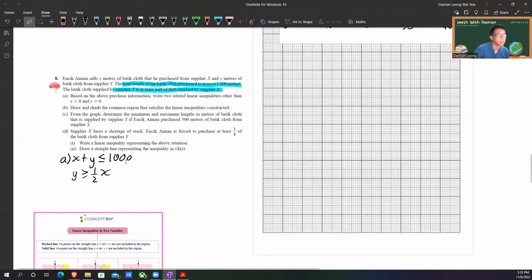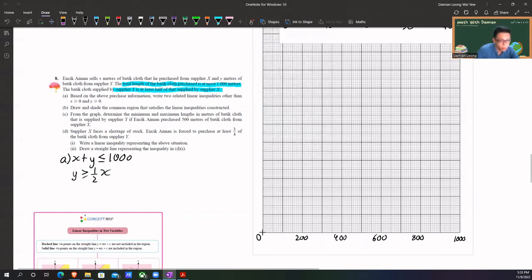Since you see there's 1,000, I try to fit 1,000 inside for both X and Y. So I can maybe put 200, 400, 600, 800, then I have 1,000 here. Yeah, that would be fine.